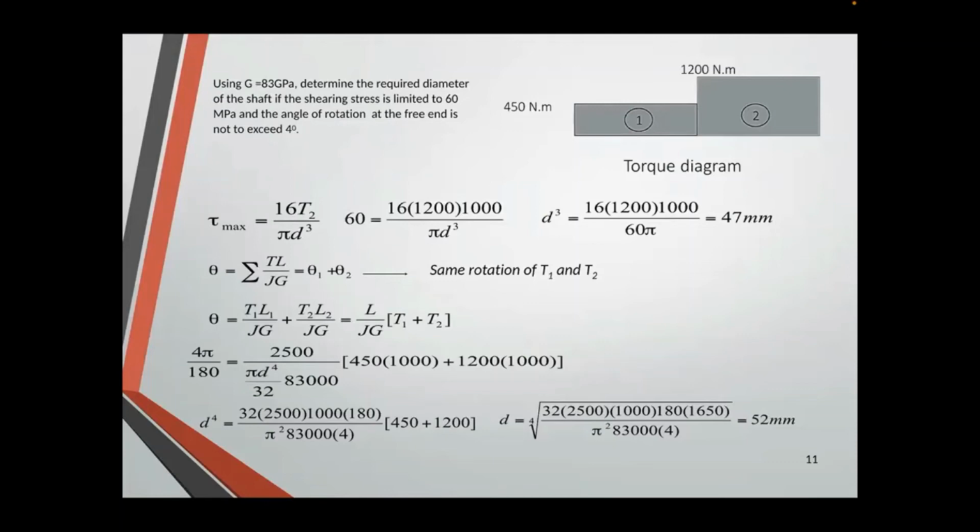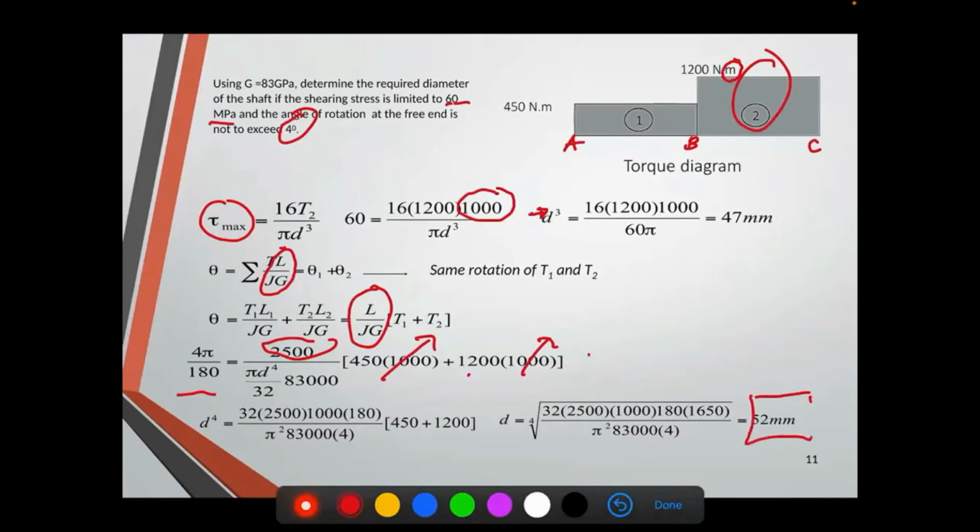Kapag bumaba ka sa 52, magkakaroon ka ng failure sa twisting. So, in that sense, ang gagamitin natin, of course, would be the bigger value, which is your 52. Kasi nga, pag bumaba tayo sa 52, sabihin natin 51 yung gamitin, magkakaroon tayo ng failure sa twisting.